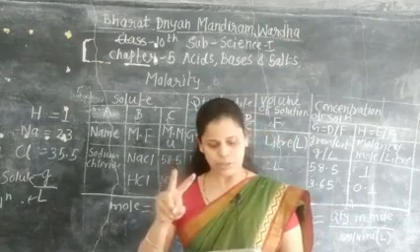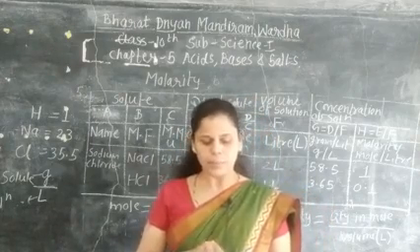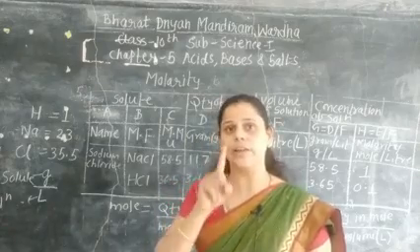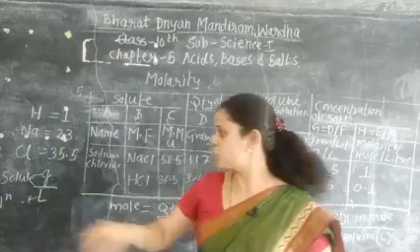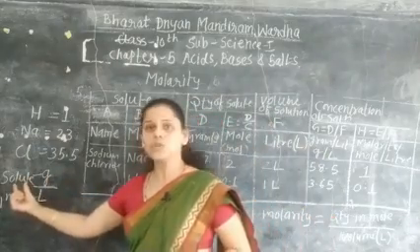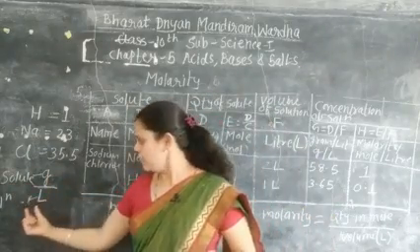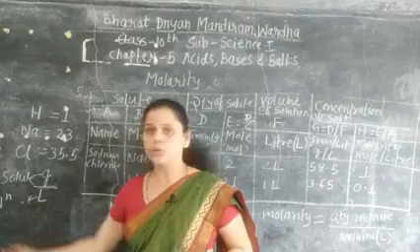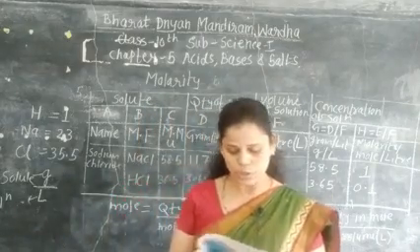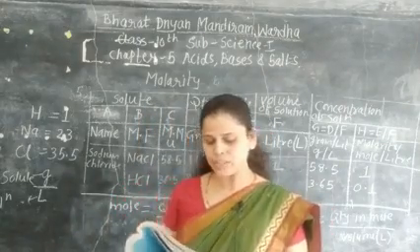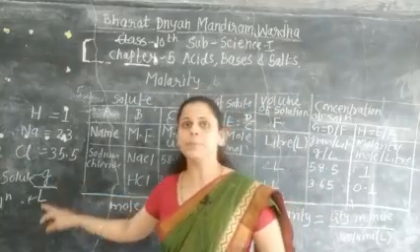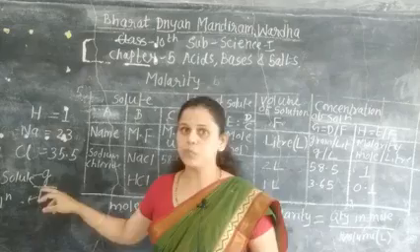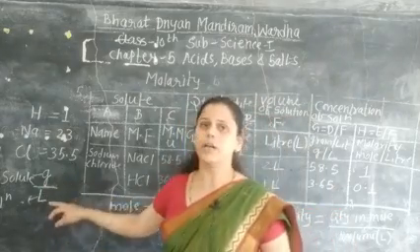The first unit is the mass of solute in gram dissolved in 1 liter of solution. That means the first unit is gram per liter.